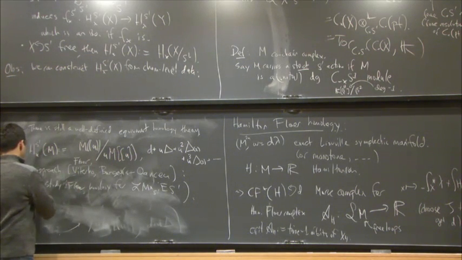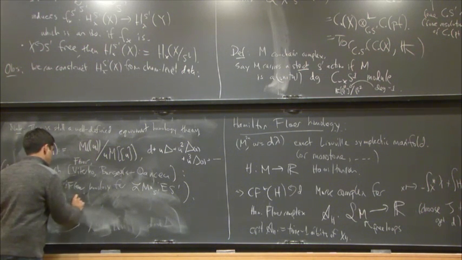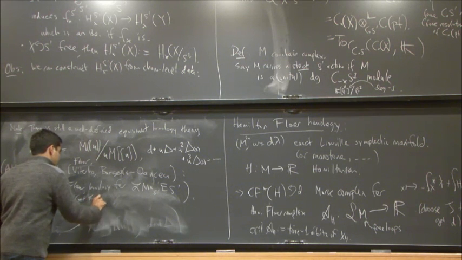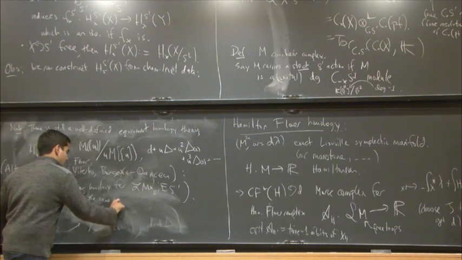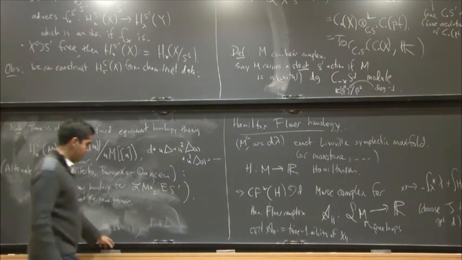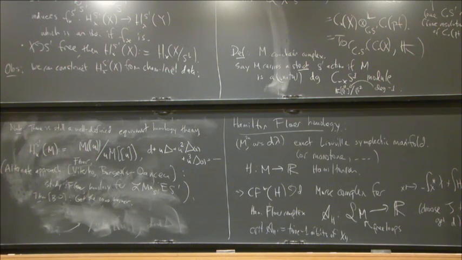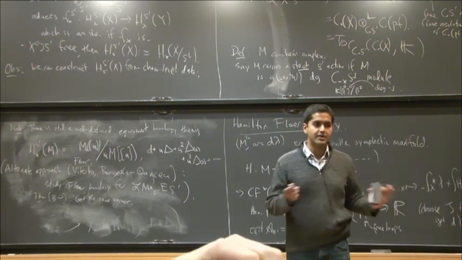And I think this was discussed in Bourgeois-Oancea's recent preprint. We get the same answer. Okay, but there's perhaps a real reason to study this perspective on S1 equivariant homology coming next.